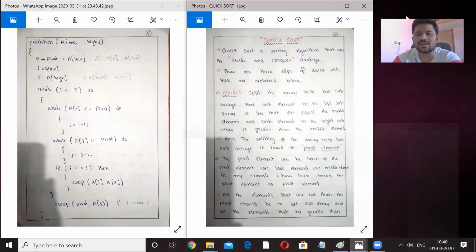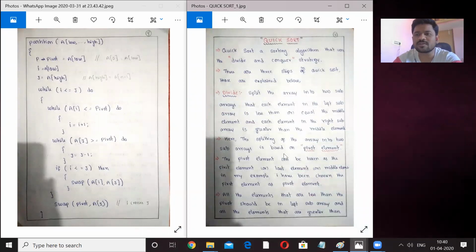Here the divide and conquer technique is used as follows. First, divide: splitting the array into two sub arrays such that each element in the left sub array is less than or equal to the middle element, and each element in the right sub array is greater than the middle element. Here the splitting of the array into two sub arrays is based on the pivot element.